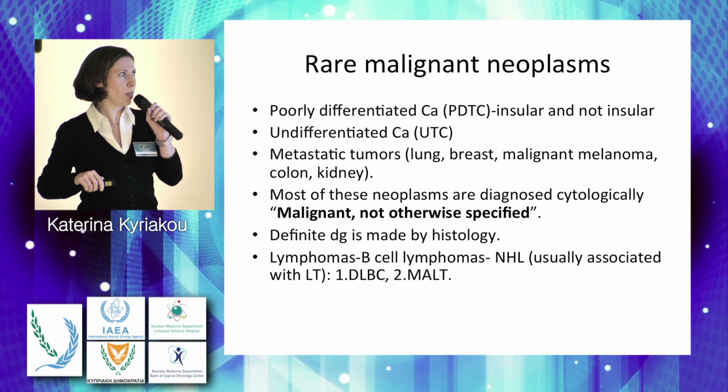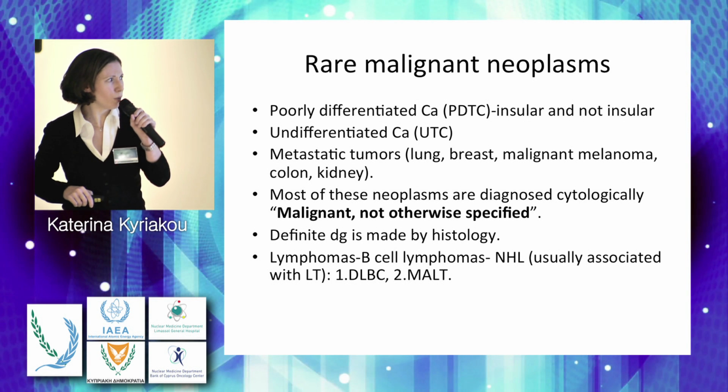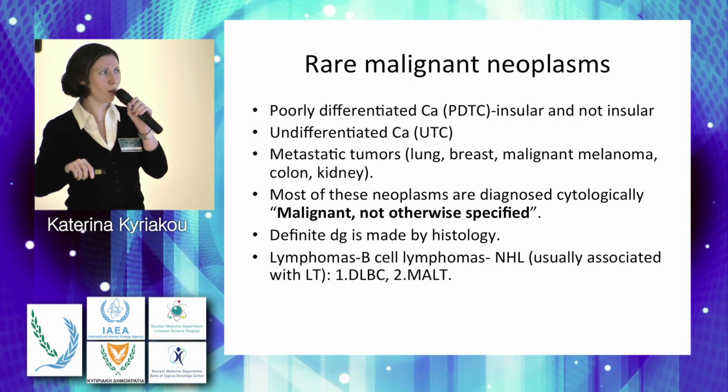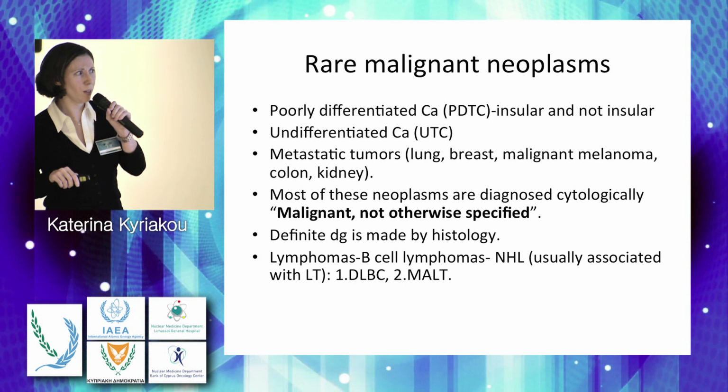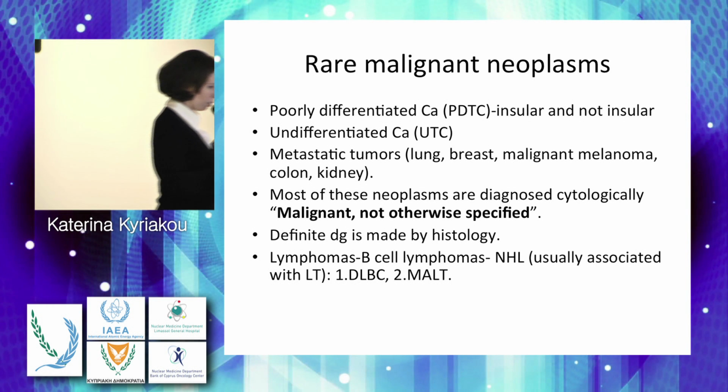Definite diagnosis is made by histology and possibly with some immunohistology. And the lymphomas are very rare, and we have the non-Hodgkin lymphoma, the diffuse large B-cell lymphoma, and the multiple lymphoma. We have an increased incidence in lymphocytic thyroiditis.